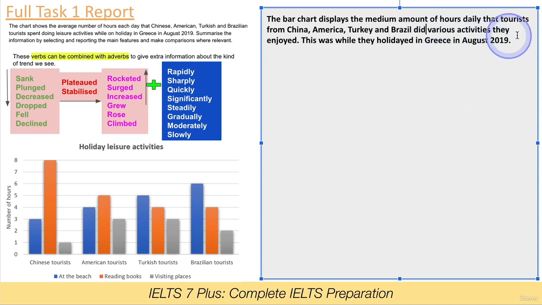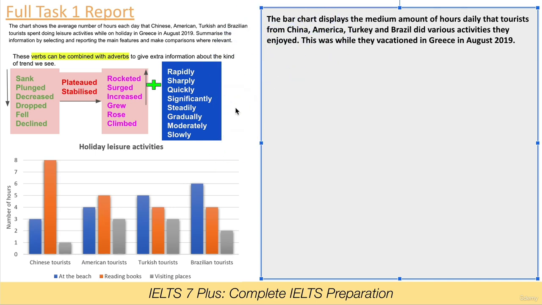This was while they holidayed, maybe vacationed, in Greece in August 2019. I think that's good. We've got our opening paraphrasing paragraph there.